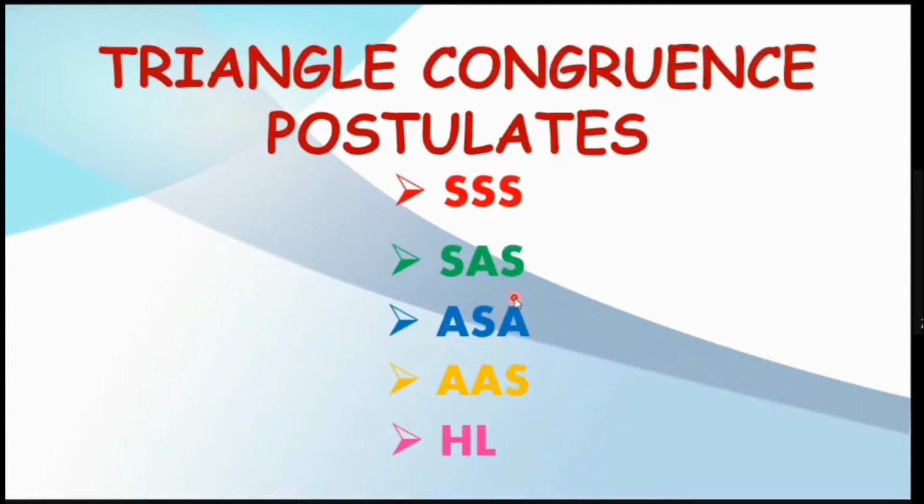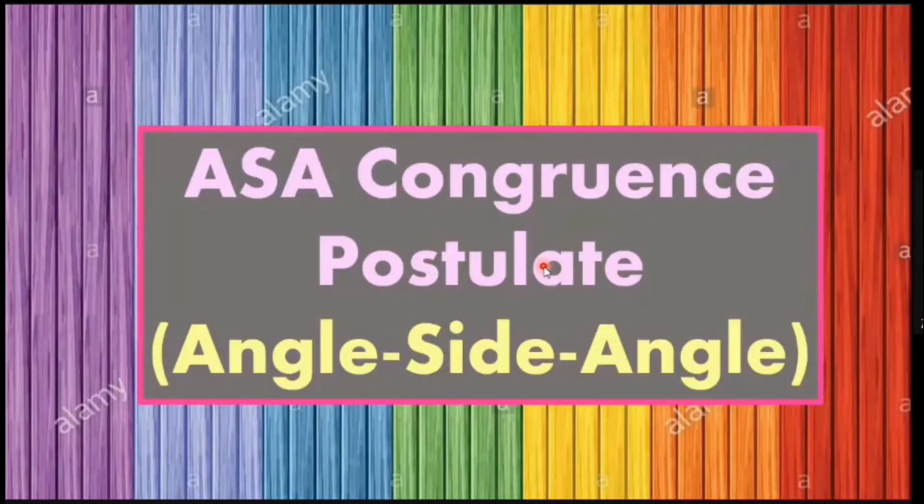In our previous tutorial video, we have discussed triangle congruence postulates, wherein we are done with the SSS congruence postulate and the SAS congruence postulate. So we are now down to the ASA congruence postulate.